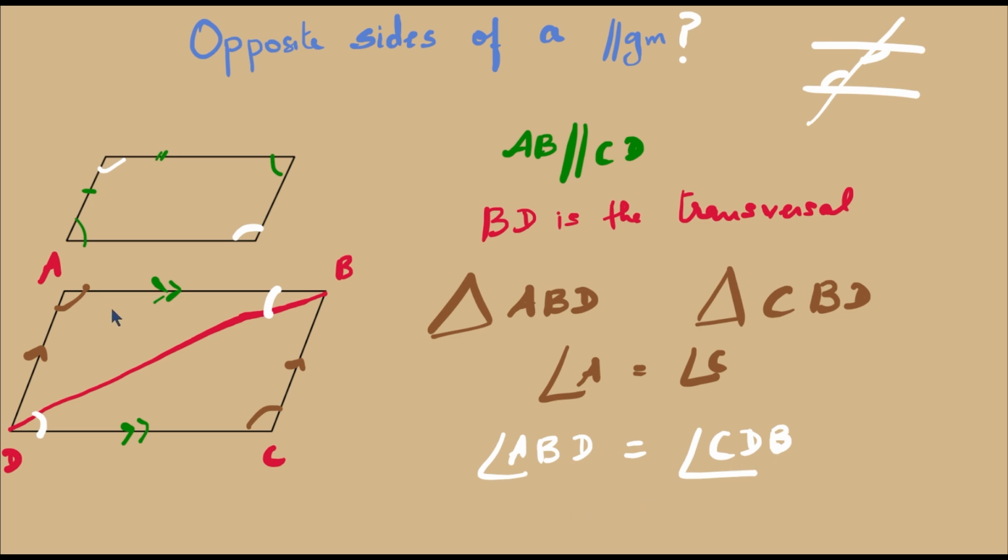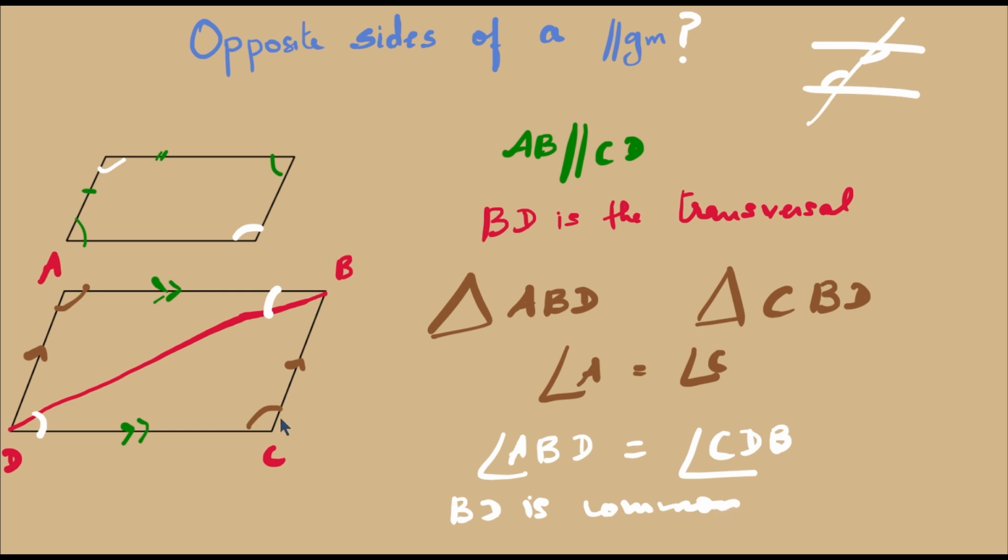And what about any other congruent part? We have two angles congruent, and of course the third angle also has to be equal. But is there any side which is equal to one another? Nothing is equal, but BD is common to both the triangles. BD is the transversal and BD is common to both the triangles.